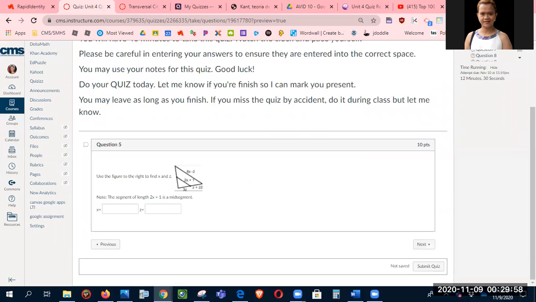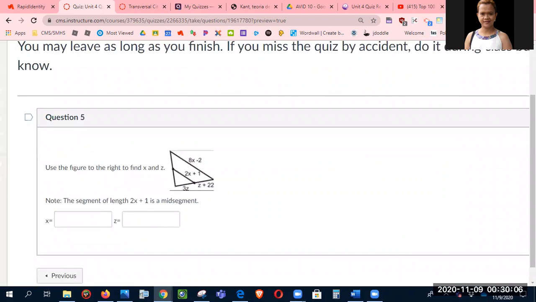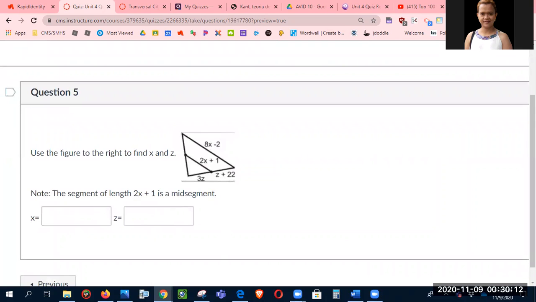Number 5. Use the figure to the right to find x and z. The segment of length 2x plus 1 is a mid-segment. In that case, I know that the mid-segment is half of the third side.